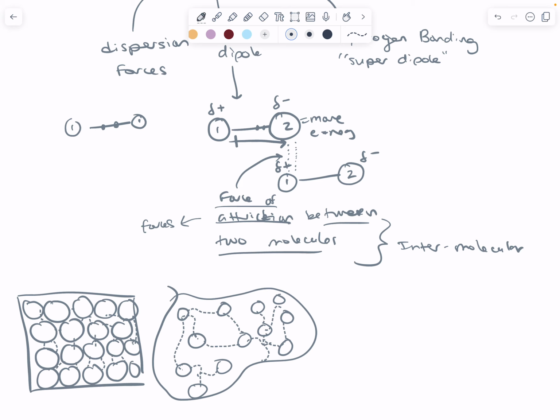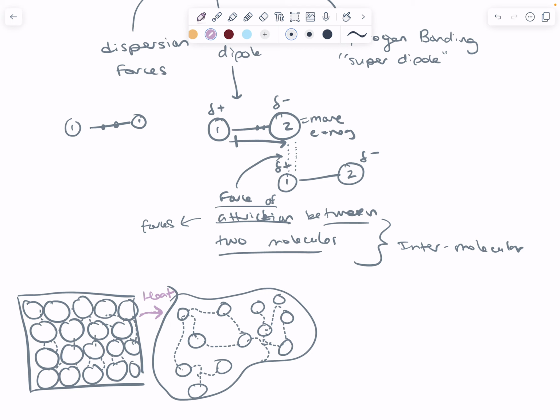And that's because from part 1 to part 2, we put in heat. And that heat basically started to give these molecules enough energy that they can move around a little bit more and they can overcome those intermolecular forces.